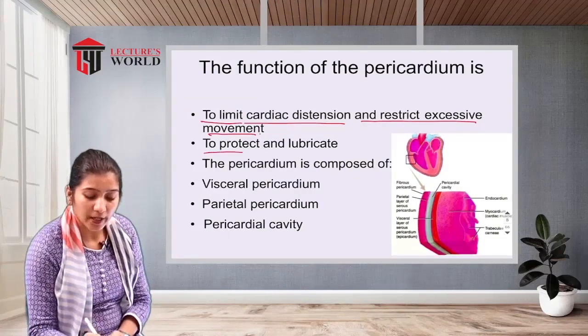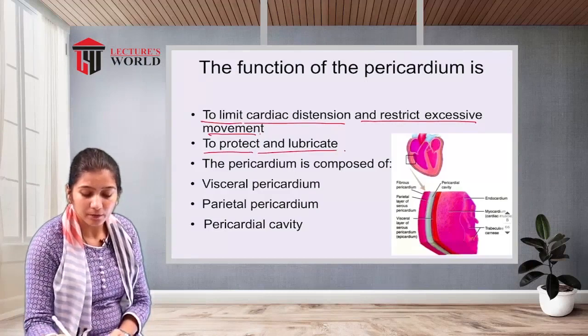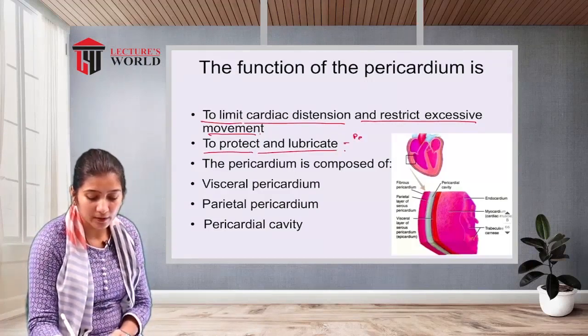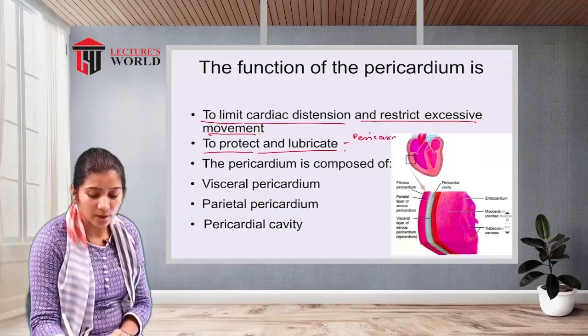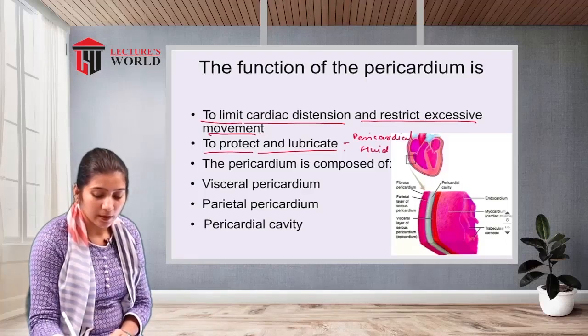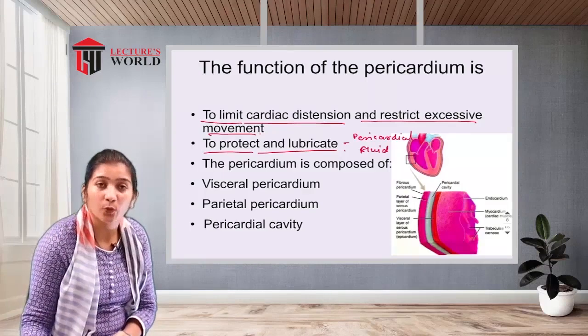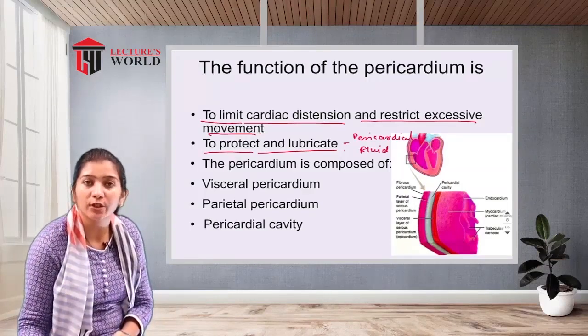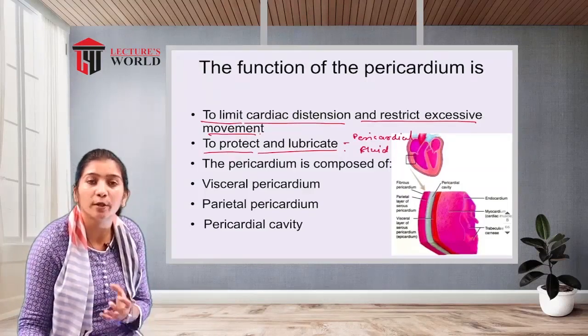Next is to protect and lubricate. Because of the presence of the pericardial fluid, that fluid is helping to protect the heart from the friction, from the jerk, and it lubricates the heart.